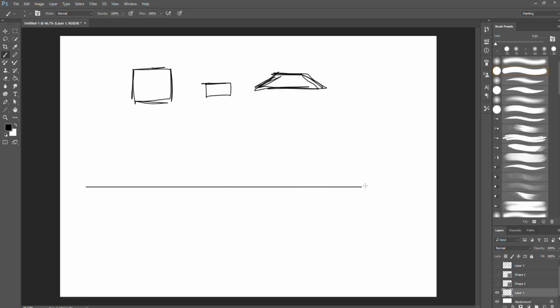And so actually what we want to do is construct our ellipse in a square that we've constructed with a vanishing point.